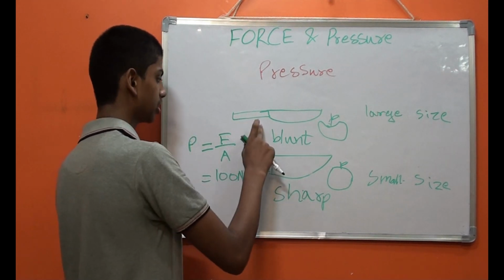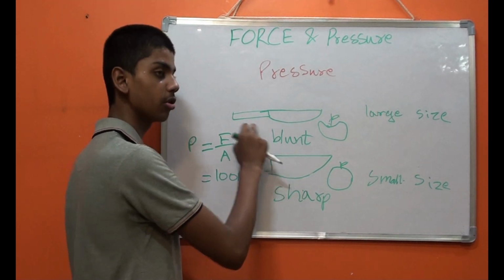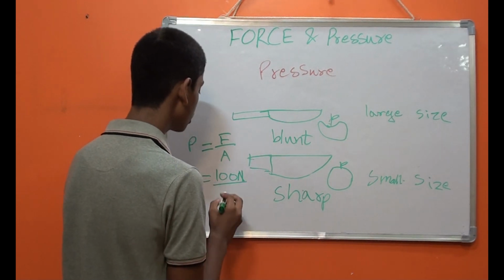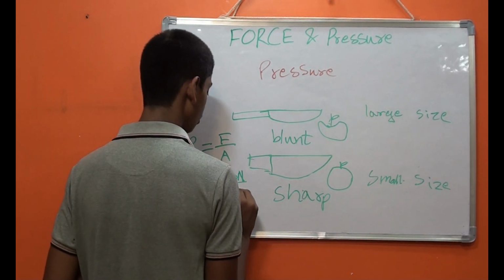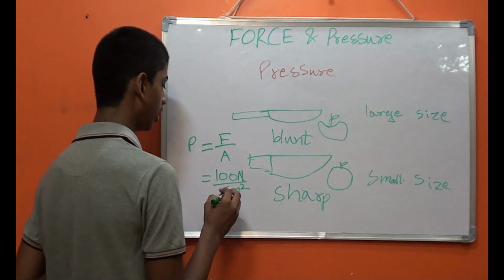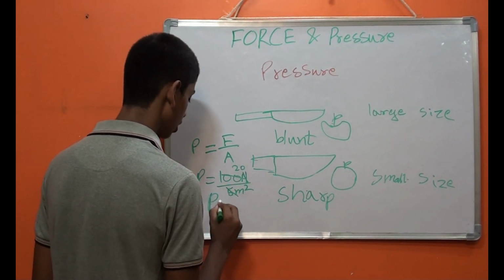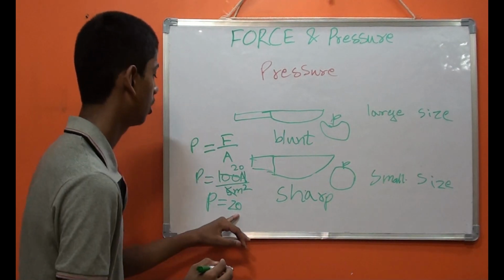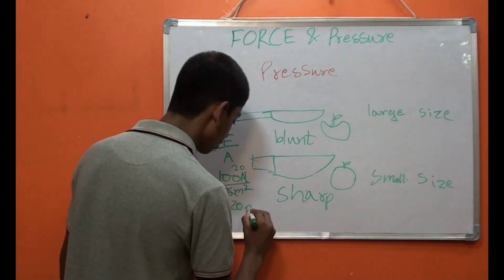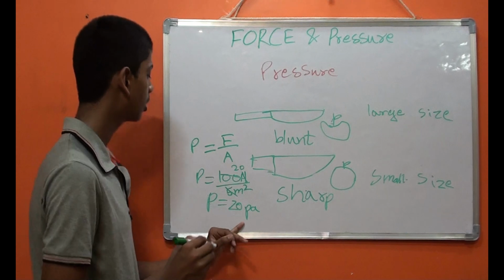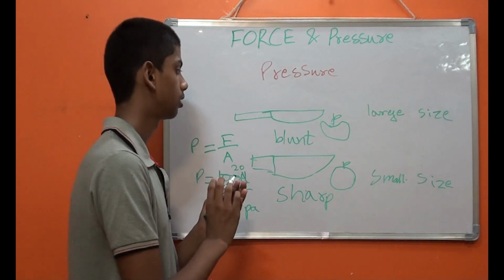Now let's take this case. You are applying a force of 100 Newton and the area is 5 meters square. Then the pressure would be 20. The SI unit of pressure is Pascal, which is denoted with the letters Pa.